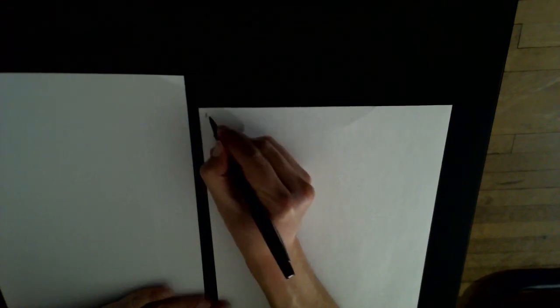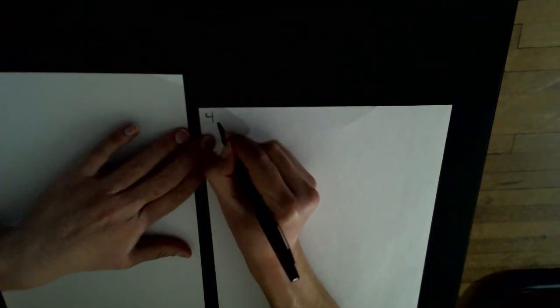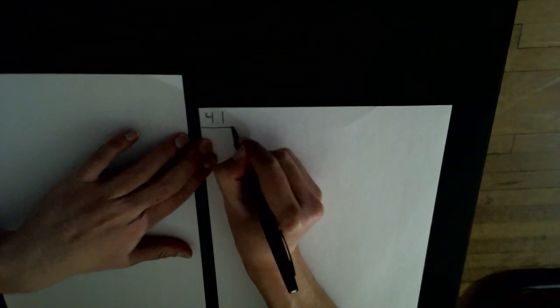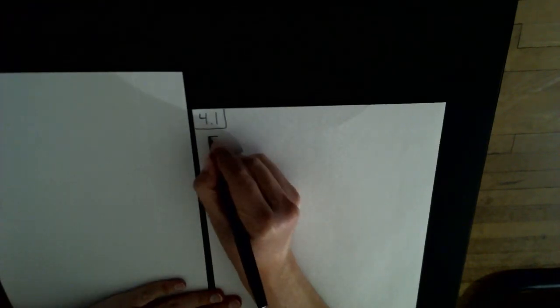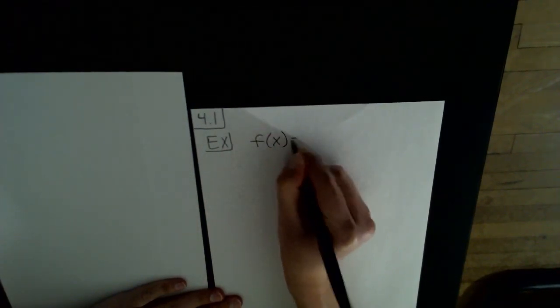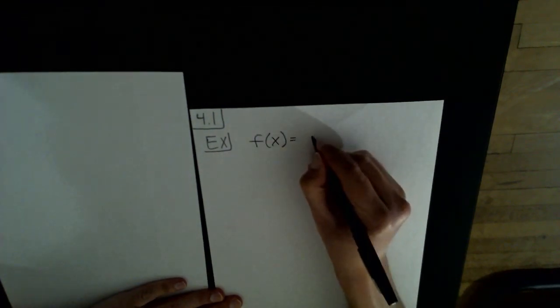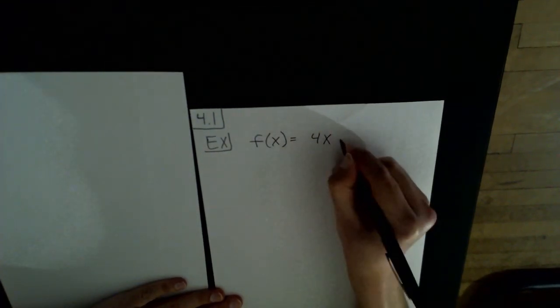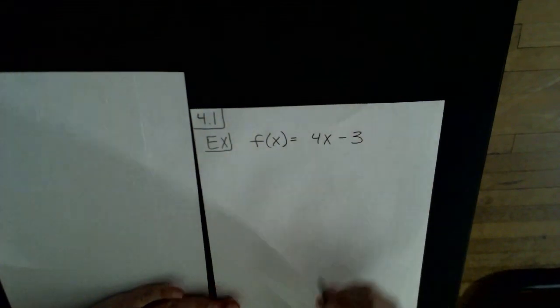At this point, we're going to go through one more example. This one is slightly shorter. We have f of x equals 4x minus 3.